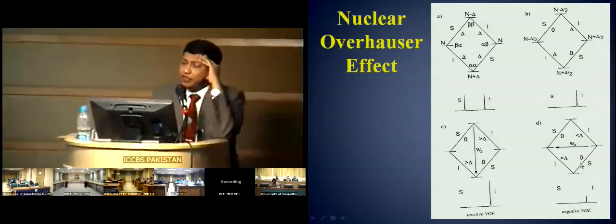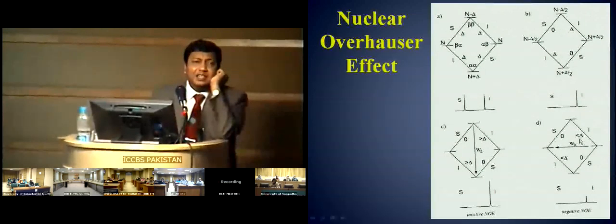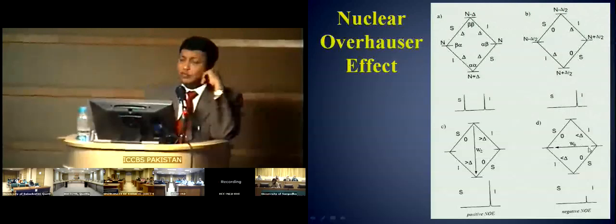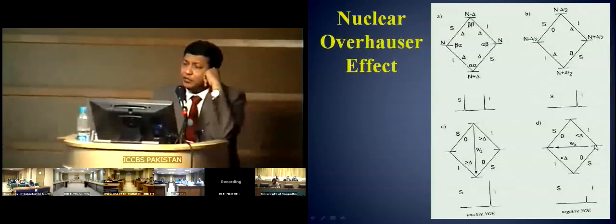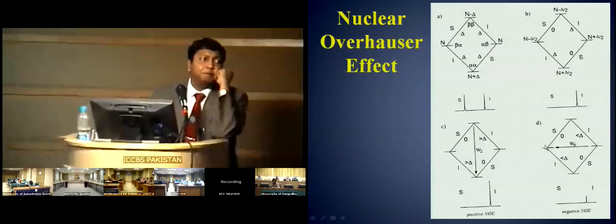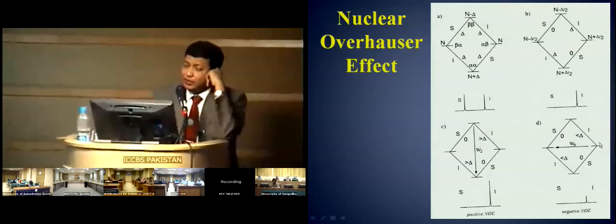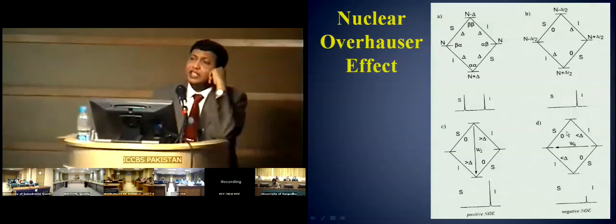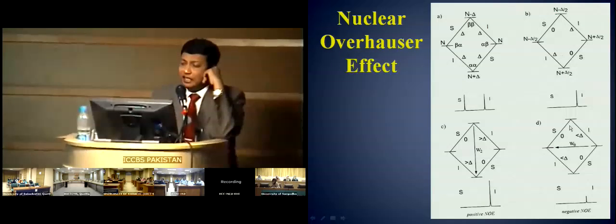The population difference between this and this would be less than delta, right? Because you have transferred a part of the population from here to here. When you transfer the population from here to here, the difference is less than delta. And similarly, the difference between this and this is less than delta also.